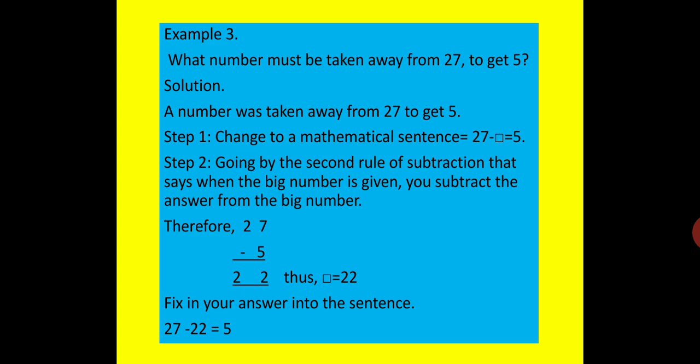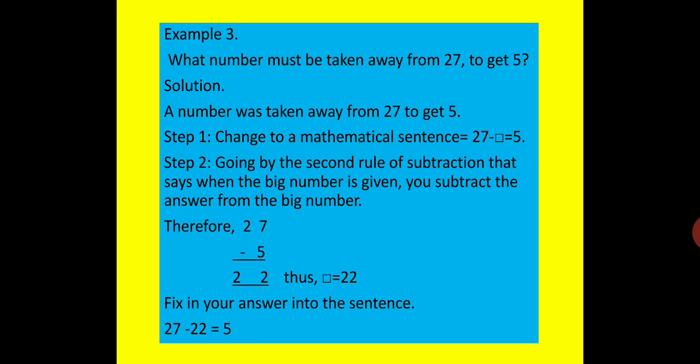Example number 3. What number must be taken away from 27 to get 5? Now, a number was taken away from 27 to give you 5. So what are you going to do? The first step is change to a mathematical sentence.